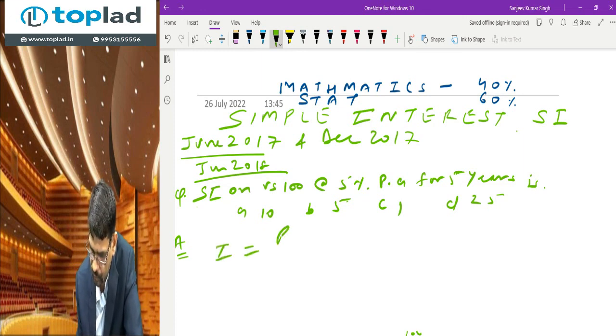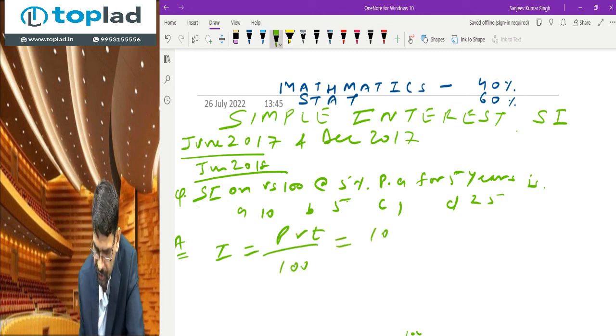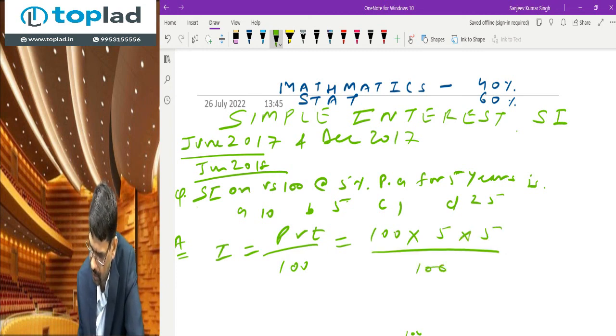So simple interest is equal to PRT divided by 100. P is 100, rate is 5, time is 5, divided by 100. So what is the interest?